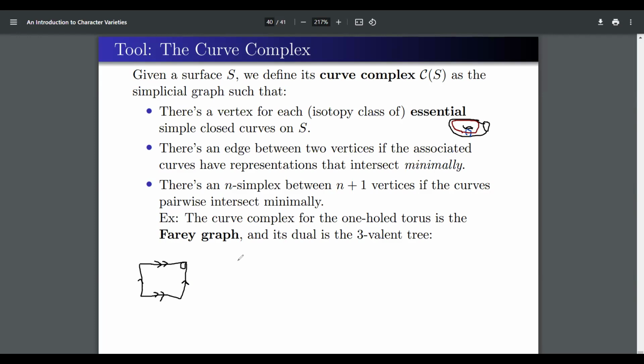And each simple closed curve is going to have a slope. Let me start to draw the circle. Consider the circle to be the points that are rational numbers plus the points at infinity.